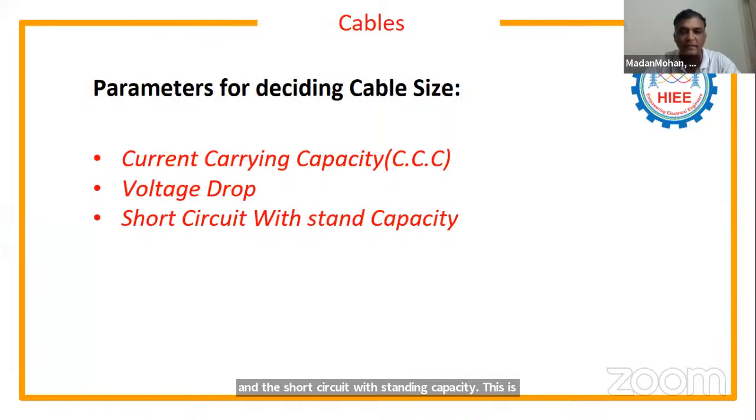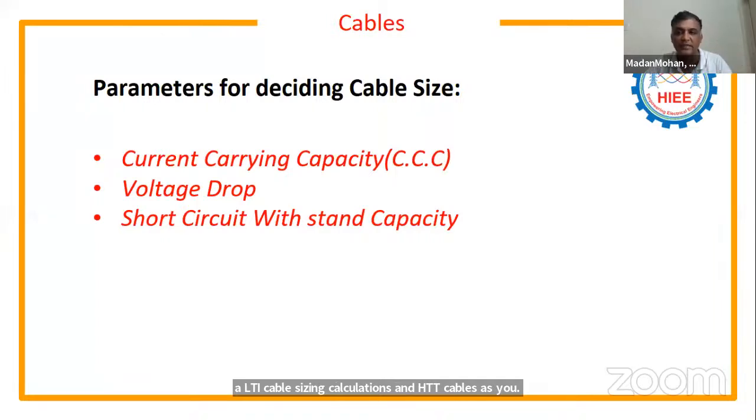Now I'm taking you a bit more in depth into the concept. In an electrical system, we have LT cable sizing calculations and HT cable sizing calculations. I'll make you understand LT today.